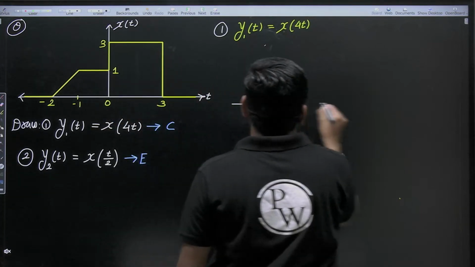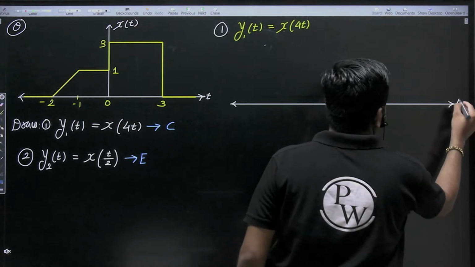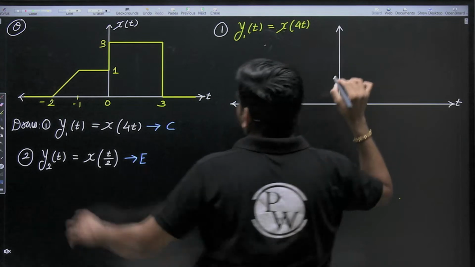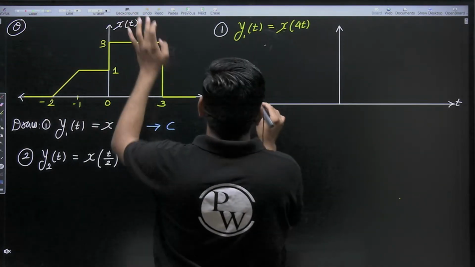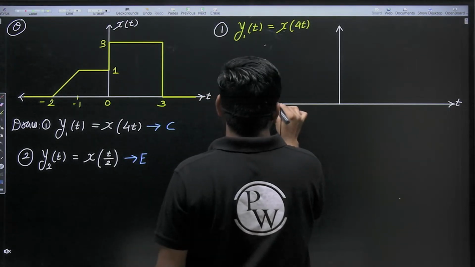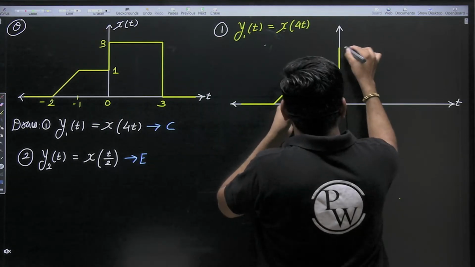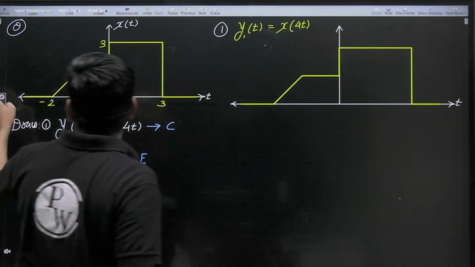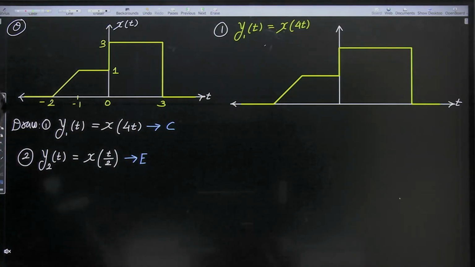So draw the signal as it is first, without writing the values on the x-axis. Okay, so here now compression, guys.